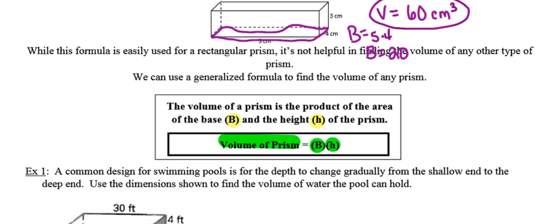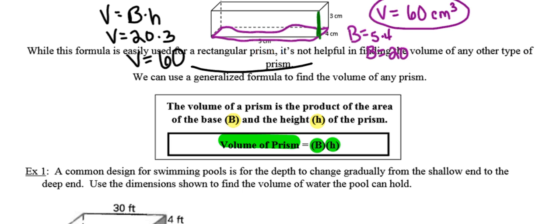The height of my prism is going to be the distance between those two bases. So the distance between the top and bottom of my prism is 3. So using that formula, volume is equal to area of the base, which is capital B, times height of the prism. The area of my base is 20. The height of my prism is 3. And I end up with the same exact answer I got when I calculated volume using the traditional length times width times height formula.